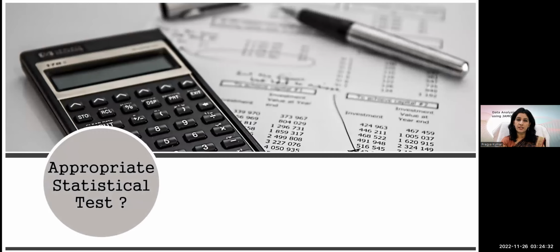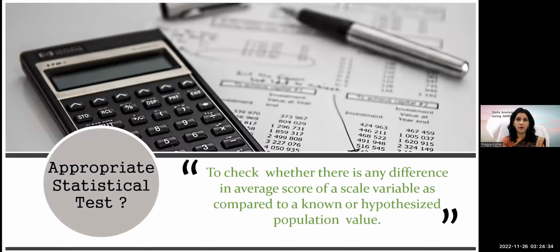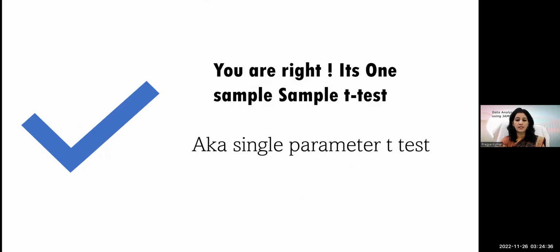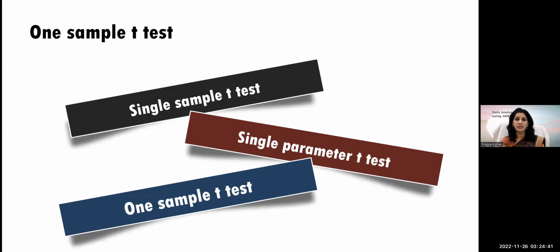So the appropriate statistical test for such a research question is the one sample t-test, also known as the single parameter t-test. Its other name is the single sample t-test, or the other two names we have already mentioned, single parameter t-test and one sample t-test.